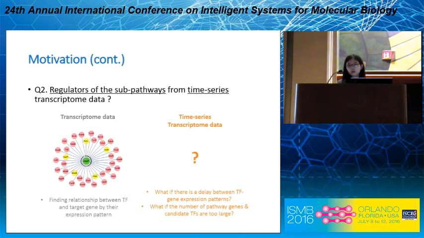But in time series transcriptome data, there could be a delay between the expression patterns of TFs and genes, and there would be a lot of transcription factors predicted by the method because there are a large number of genes in the significant pathway. So you need to score and rank those TFs to see the important regulators.